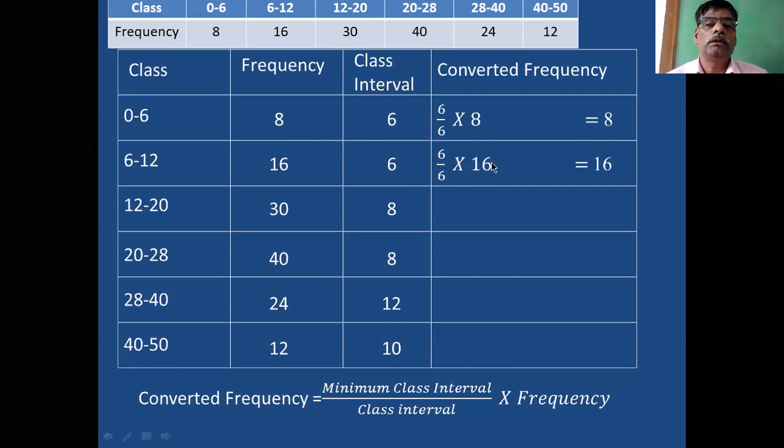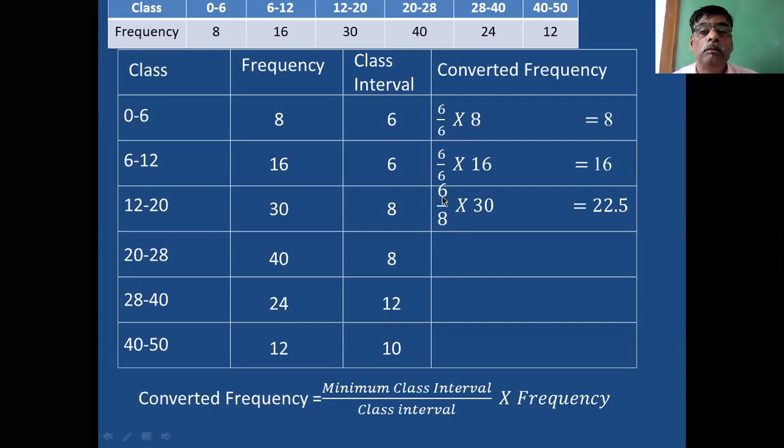Second, 6 divided by 6 into 16 is 16. Come to the third. The minimum class interval is 6, in the numerator; the denominator is the actual class interval into frequency.